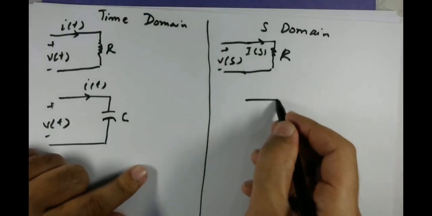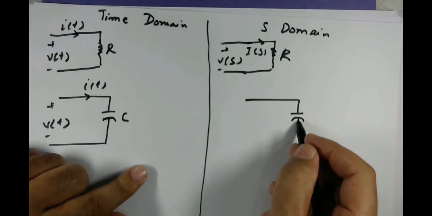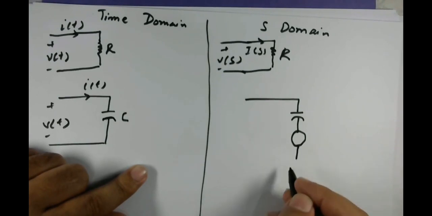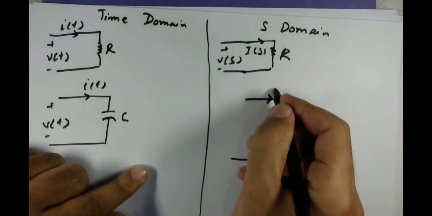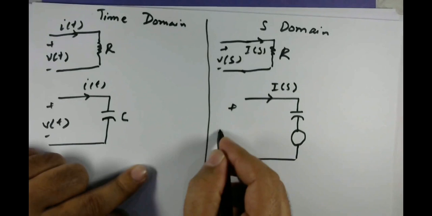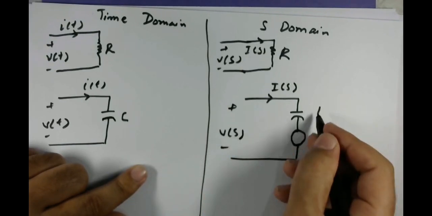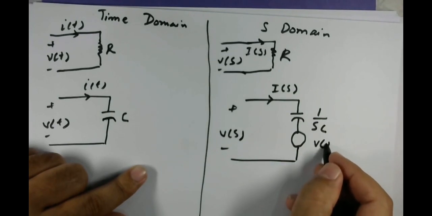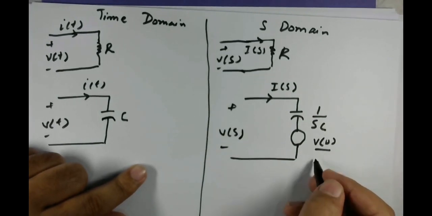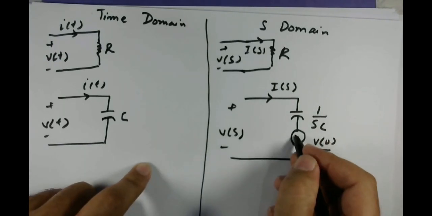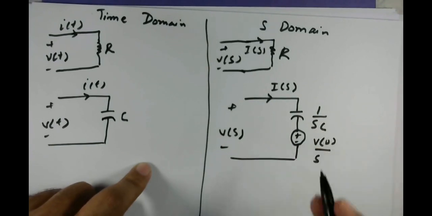Okay, so this is nothing but capacitor, okay, in series with voltage. Okay, this is your I of S. Okay, this is your V of S. This is 1 by SC, and this is V of 0 over S, and this will be plus minus.